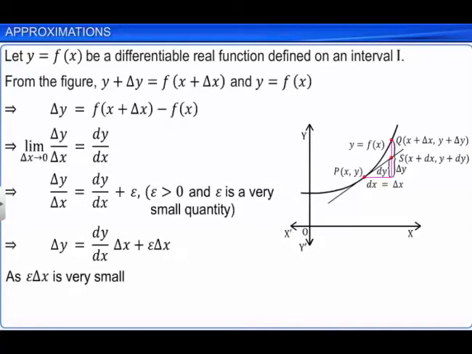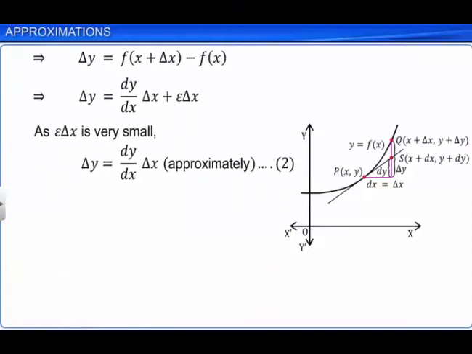Hence, the approximate value of delta y is dy upon dx into delta x. That is, the increment delta y in the dependent variable y is approximately equal to dy upon dx multiplied by delta x.